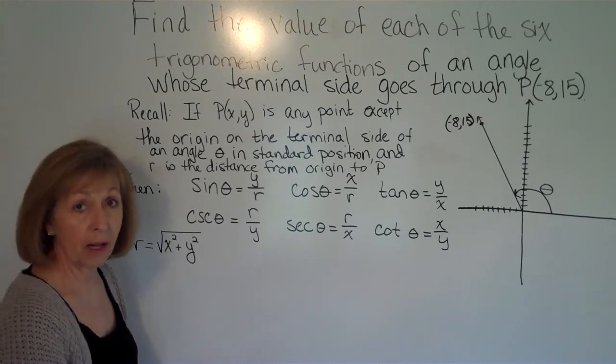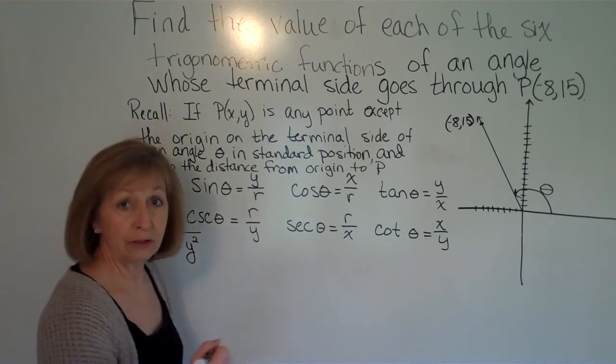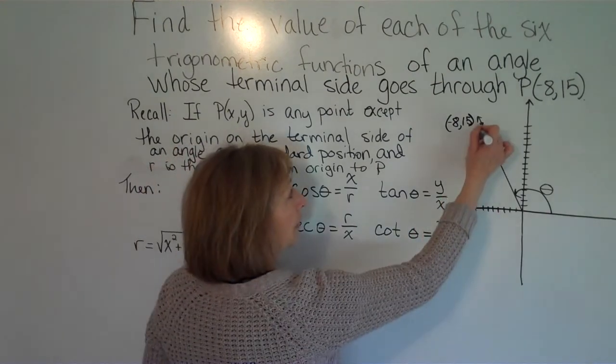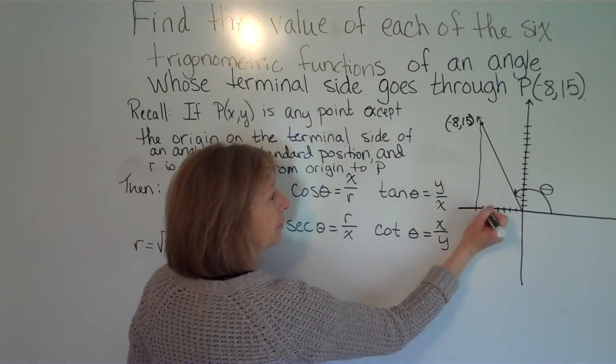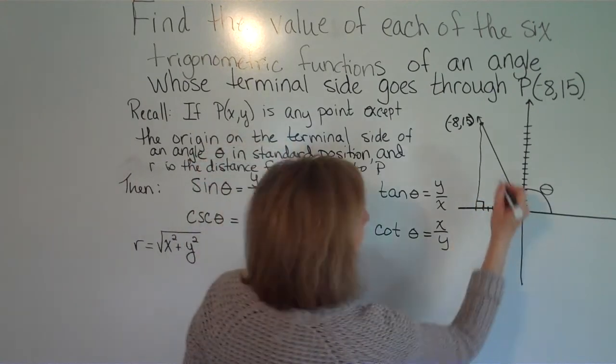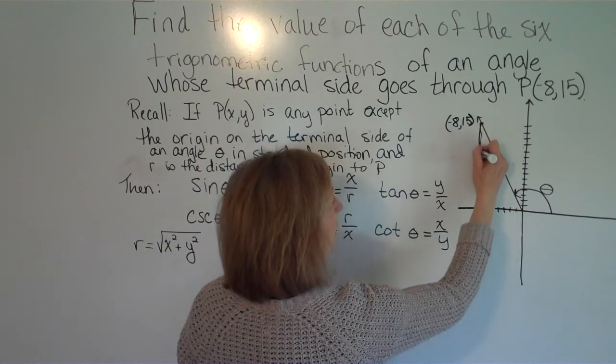Now when I look at this problem, I can actually look at turning this into a right triangle where I drop the vertical down to the x-axis and then show that being my right angle.